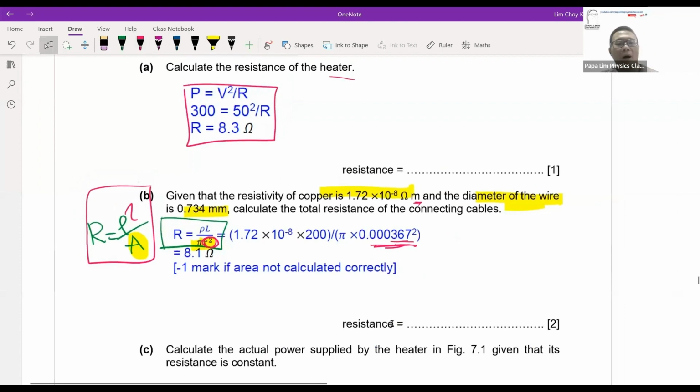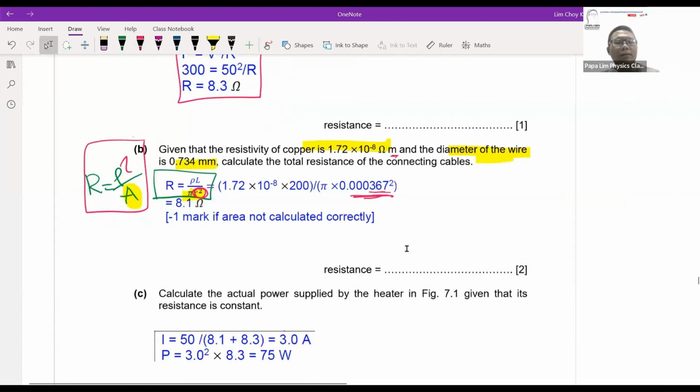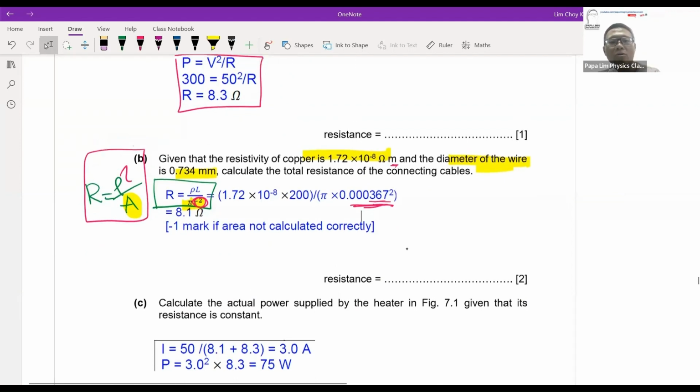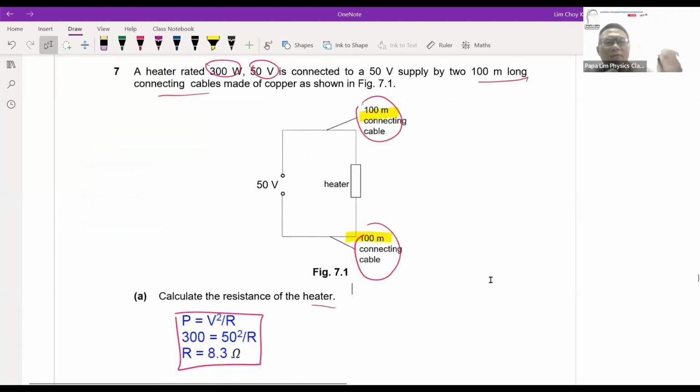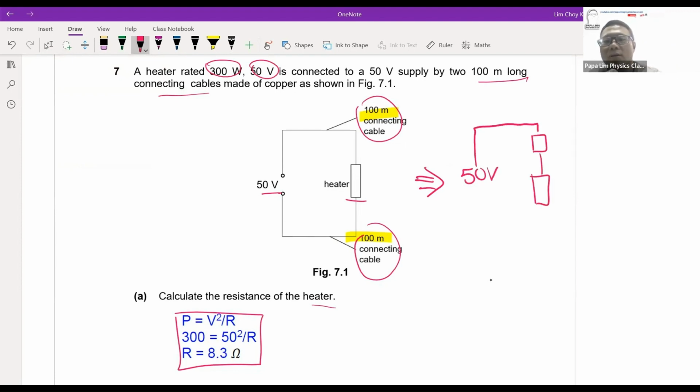Now, calculate the actual power received by the heater. Here you have to take note that because of the wires, these two wires contribute additional resistance, which means the circuit is not a 50 volts in parallel with the heater. With the two cables, the 2 times 100 meter cable, having resistance, it means the supply is actually connected to 3 loads.